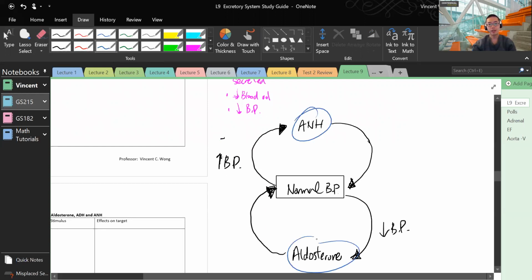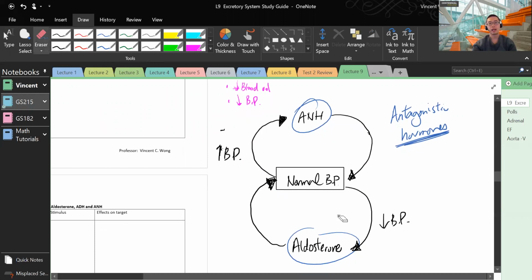So ANH and aldosterone, these are antagonistic hormones. We'll be learning 3 pairs of antagonistic hormones in the course. This is the first pair. They have opposite effects. And by having opposite effects, they are able to maintain homeostasis for blood pressure.